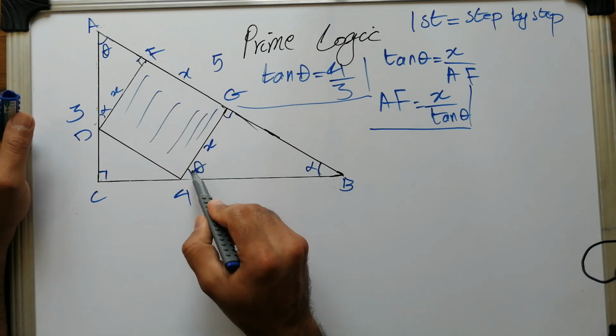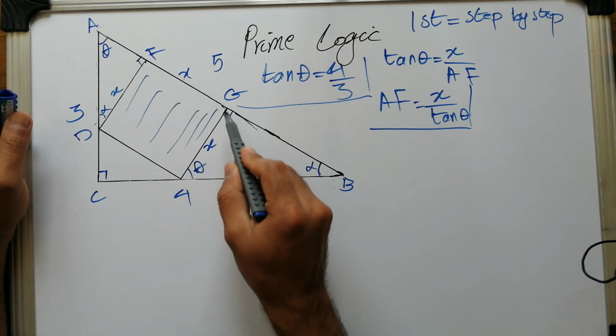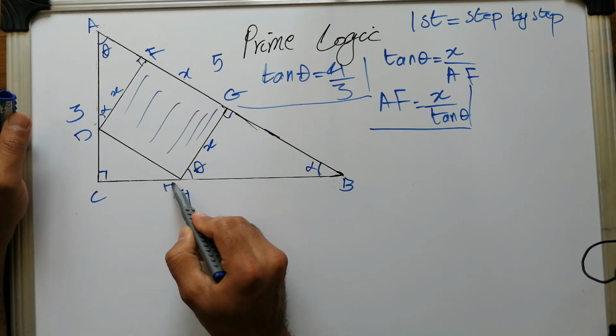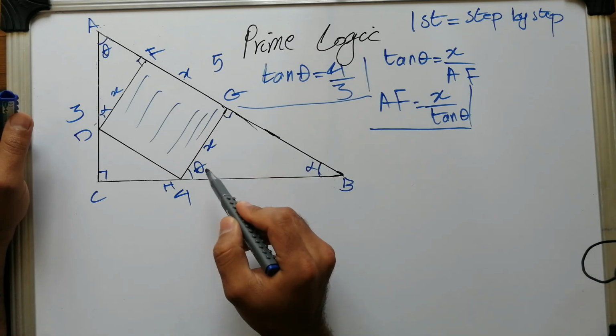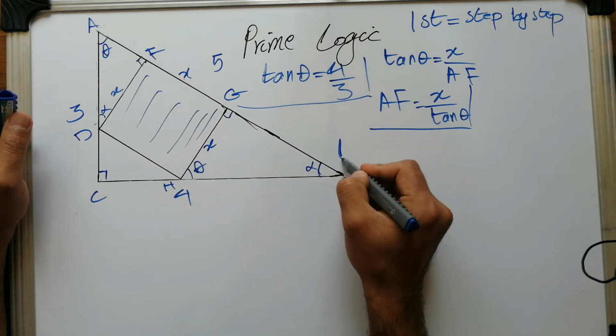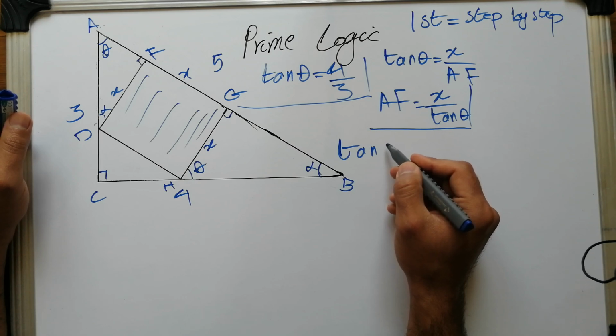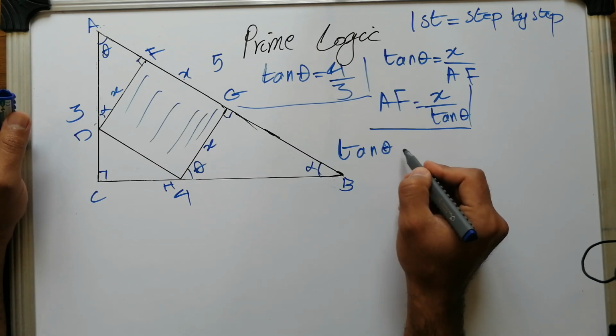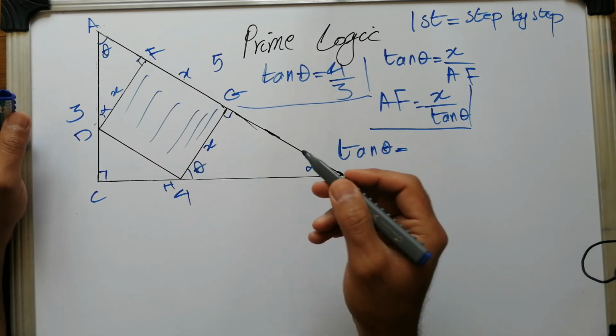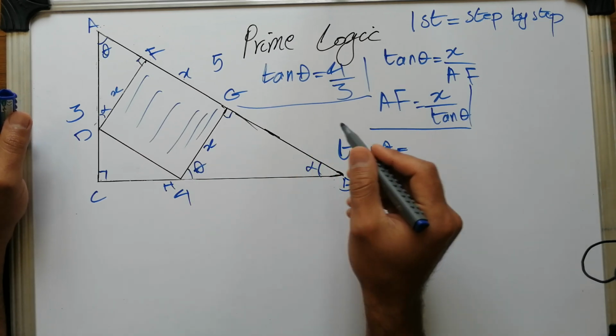And let's talk about the tangent of theta in this triangle, GBH. They must all be the same, because theta is just the same angle in all three triangles. So the tangent of theta in this triangle, again, is the opposite to the adjacent.